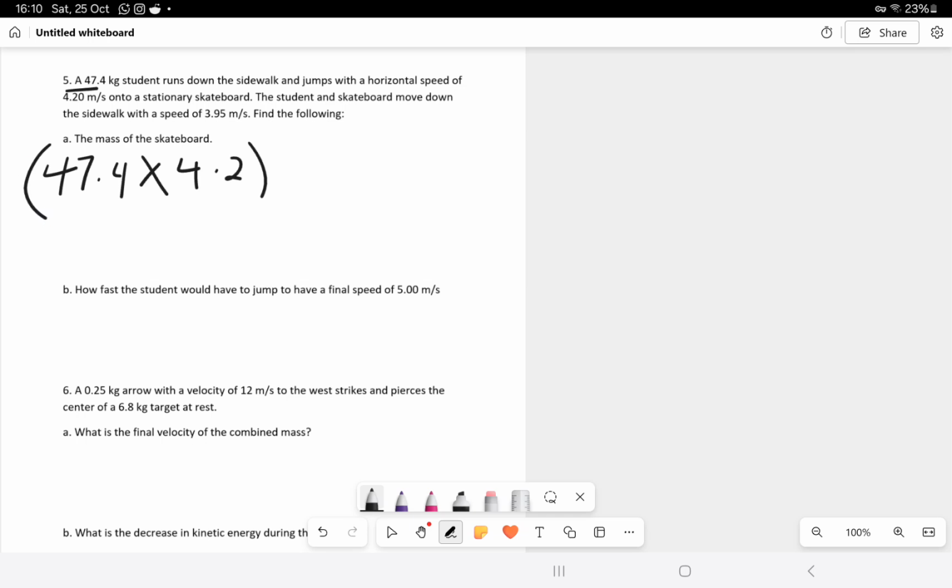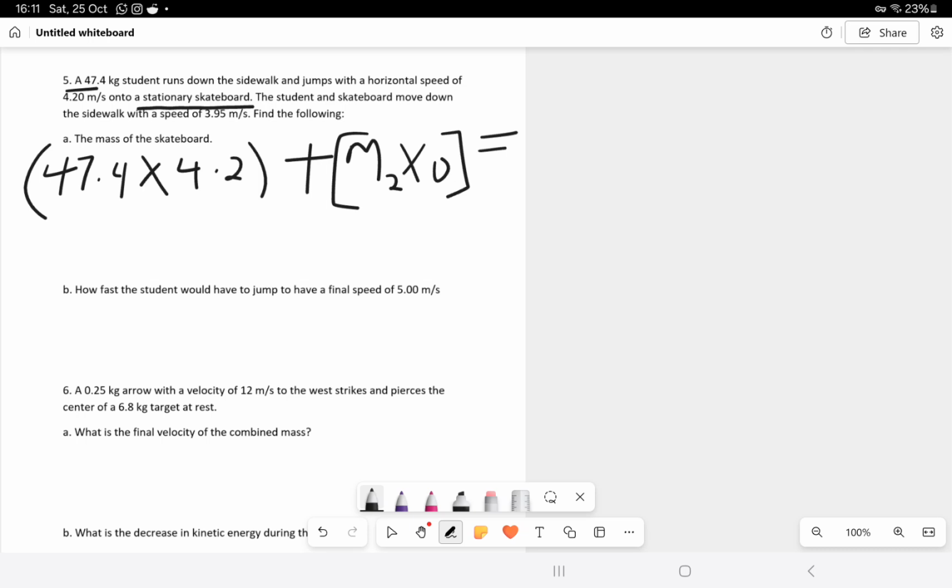And he jumps onto a stationary skateboard, this one, plus M2. We are not given the mass of the skateboard, so it is M2 multiplied by 0. And this should give us, now the student and the skateboard move down the sidewalk with a speed of 3.95.